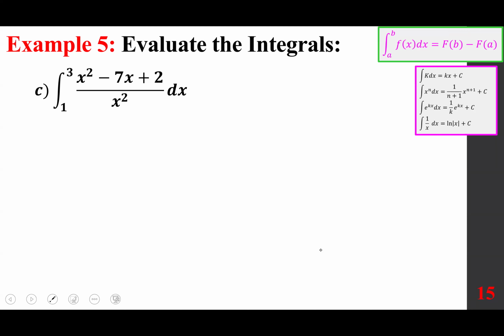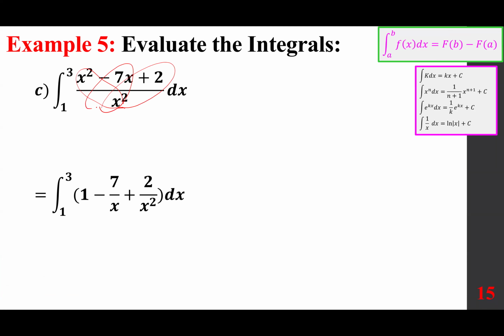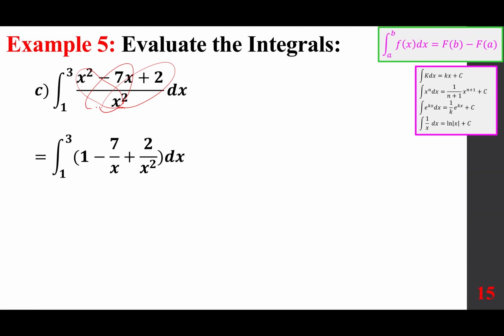In this case, if you recall, we did it in the previous section by cutting it into 3 fractions: 1 minus 7 over x plus 2 over x squared. You can see it in the previous section.